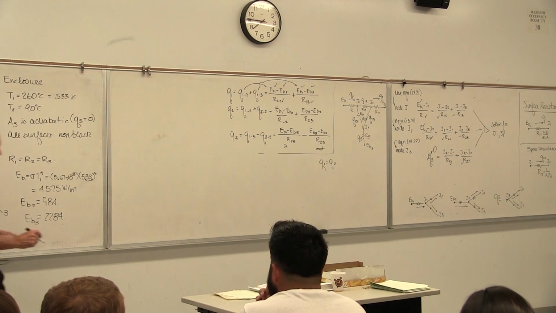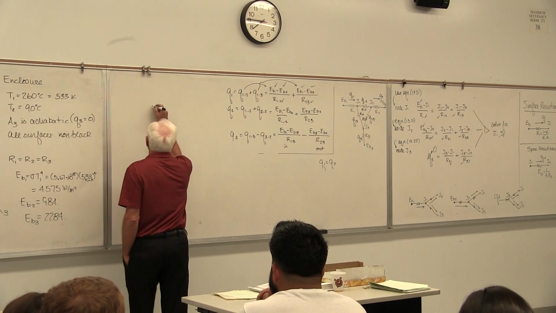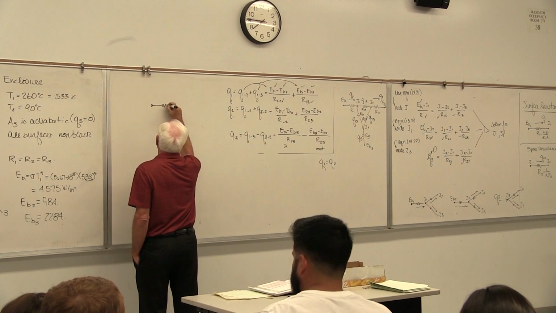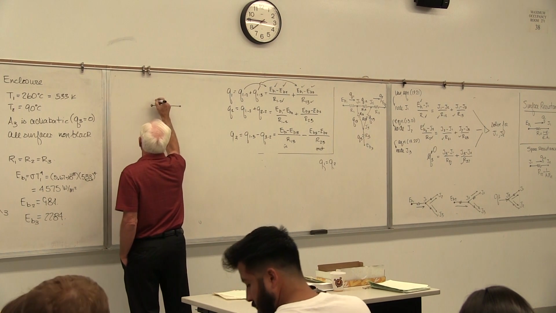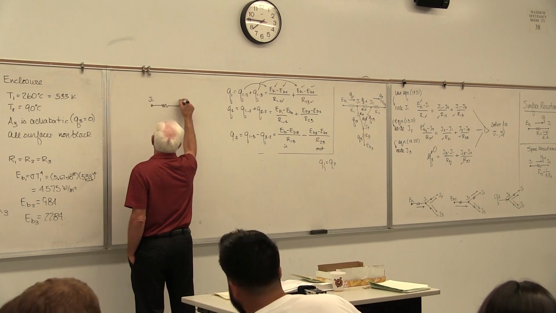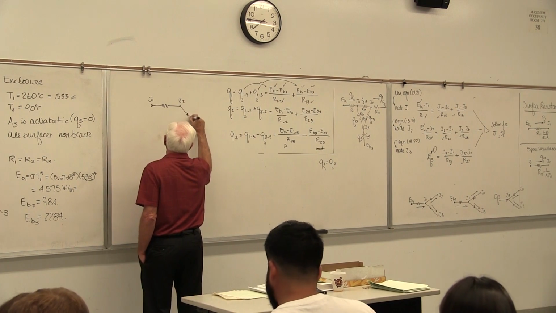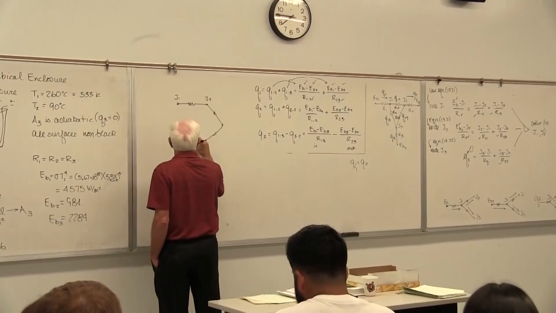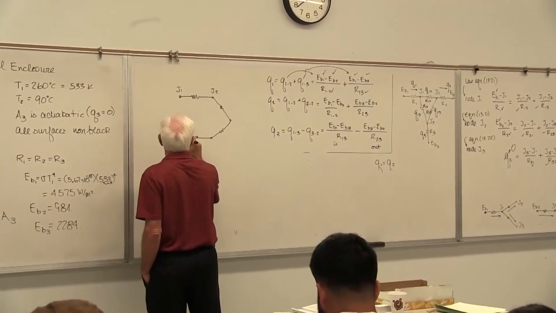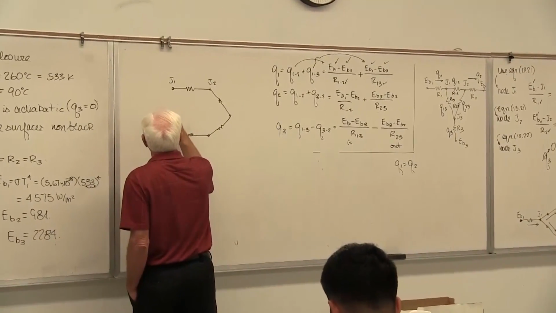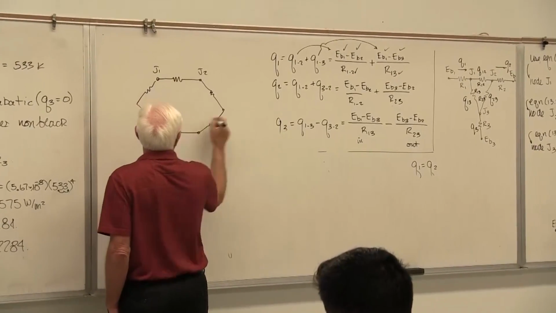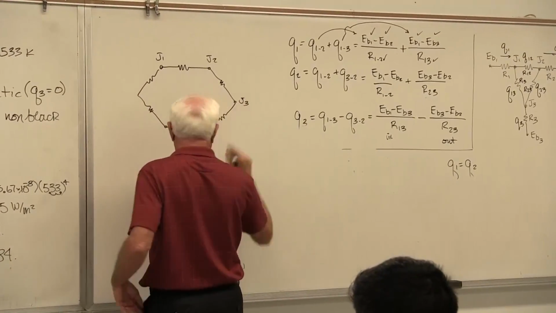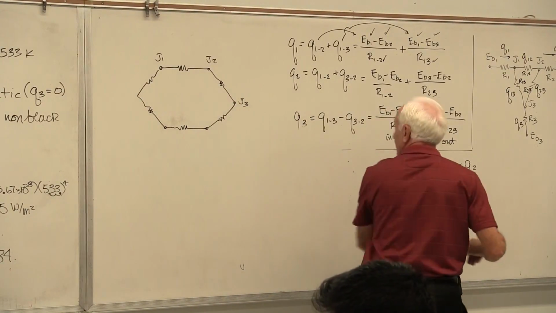Okay, so let's say that you're doing this room with the 6. Okay, so here we have this is J1, this is J2, J3.